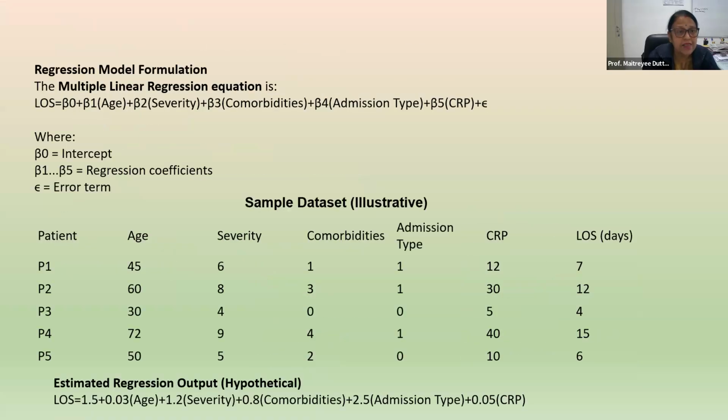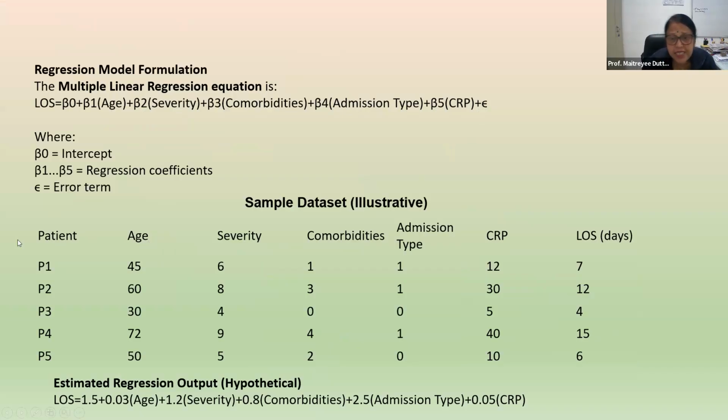So in our case, it will be beta naught plus beta 1 into age, because age is one variable, beta 2 into severity, beta 3 into comorbidities, beta 4 into admission type, beta 5 into CRP plus epsilon. Epsilon we have taken as the error term. For the time being, if you want, you can remove epsilon also.